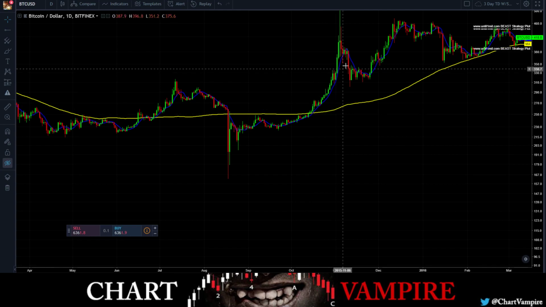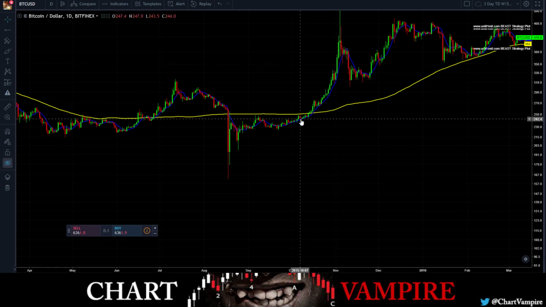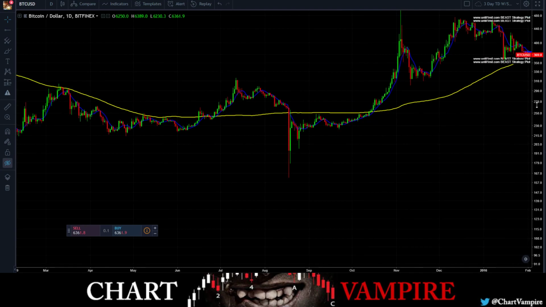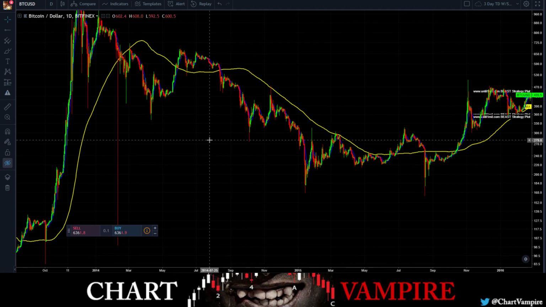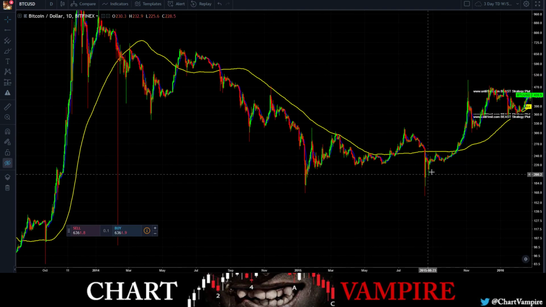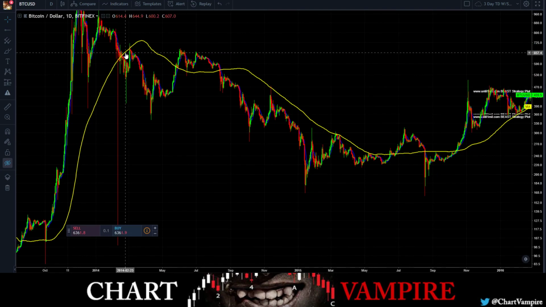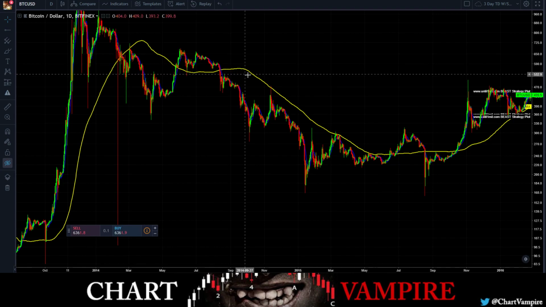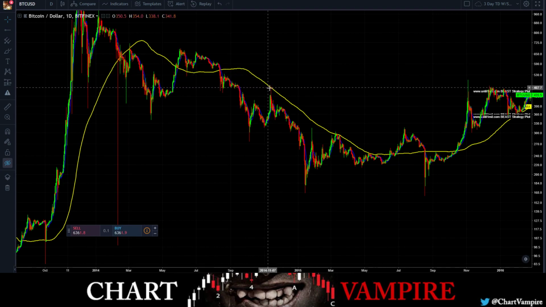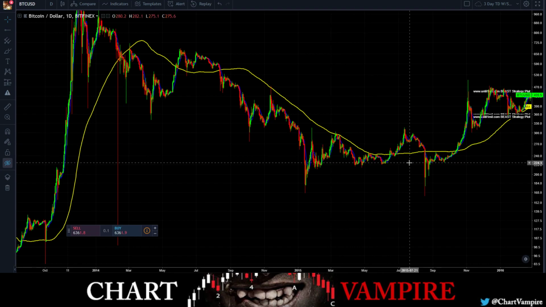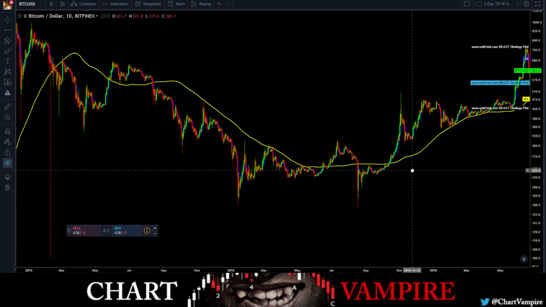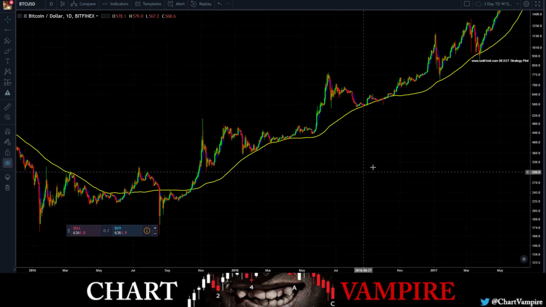It finally was pierced at $255. So if you only would have used the 128-day as your trading strategy, you would be a gazillionaire. It's that simple. So this 128-day line has called perfectly every top and almost every bottom since 2014.